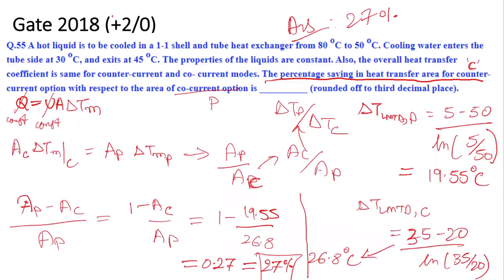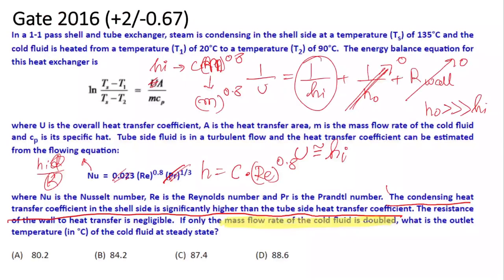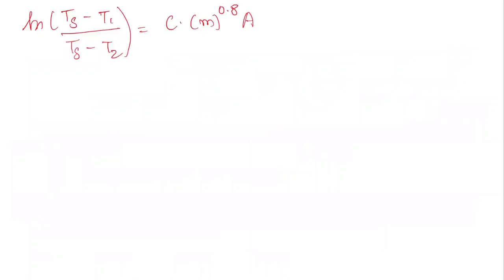Alright, with all those simplifications, what I have is ln of (Ts minus T1) upon (Ts minus T2) is equal to C into M to the power 0.8 times area divided by M into Cp.